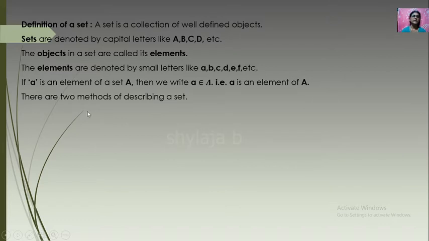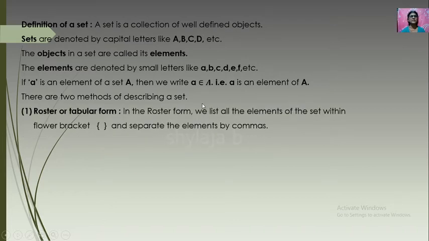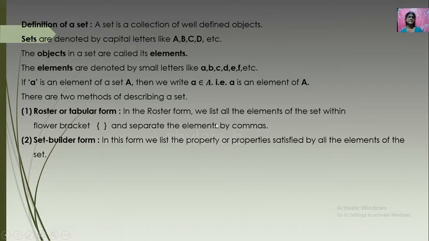Now, there are two methods of describing sets. We can write one set in two methods. First one is the roster or tabular form. In the roster form, we list all the elements of the set within flower brackets and separate the elements by commas. The second one is the set builder form.